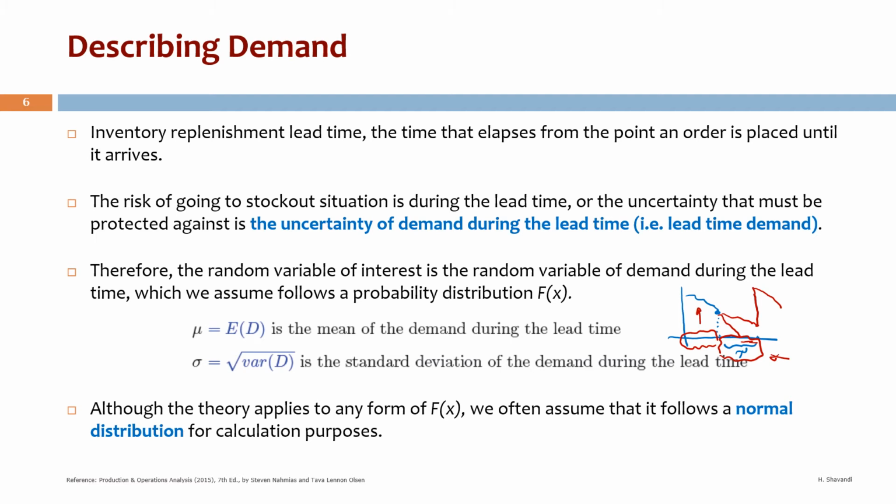So we assume that demand over the lead time has a distribution, let's say in general with fx, and the mu and sigma are defined like this for the demand during the lead time. Okay, and this could be any distribution, but generally we assume a normal distribution because of calculation purposes.